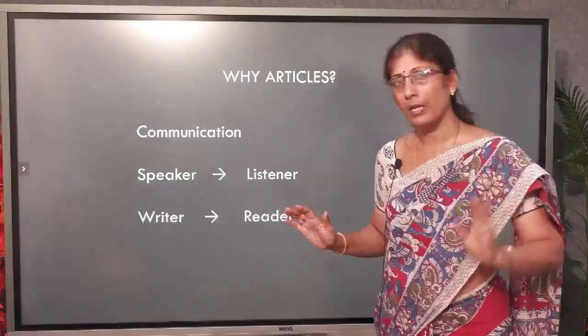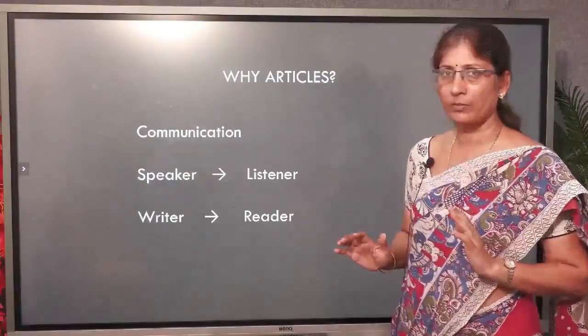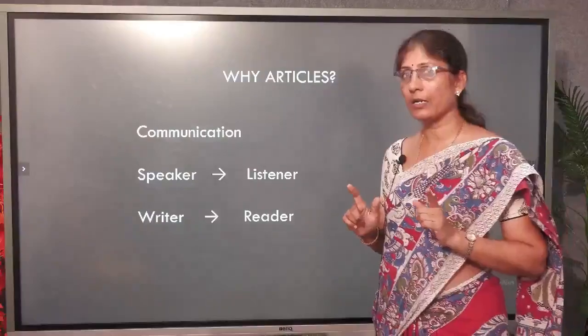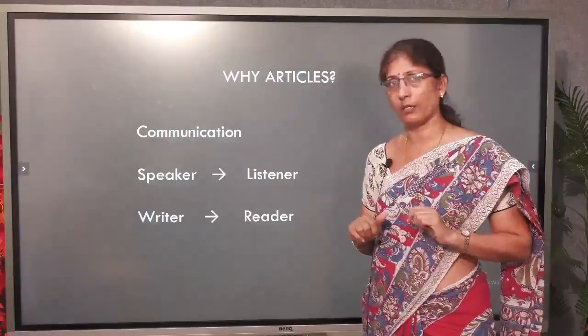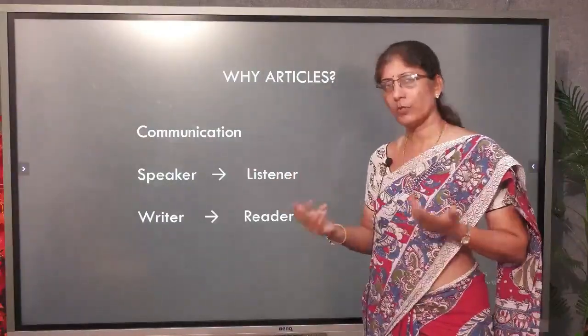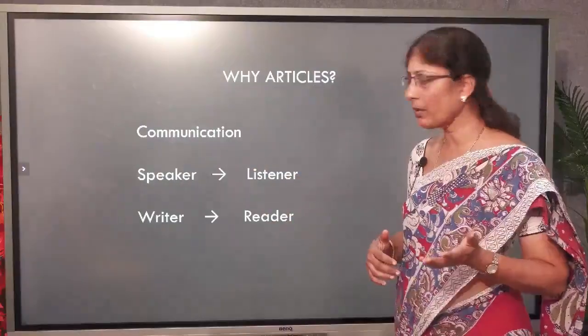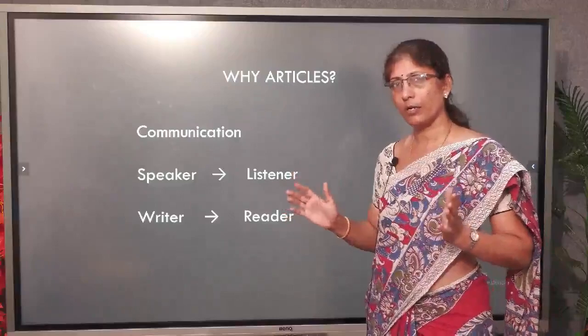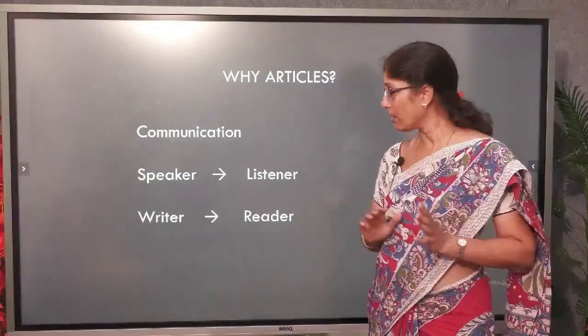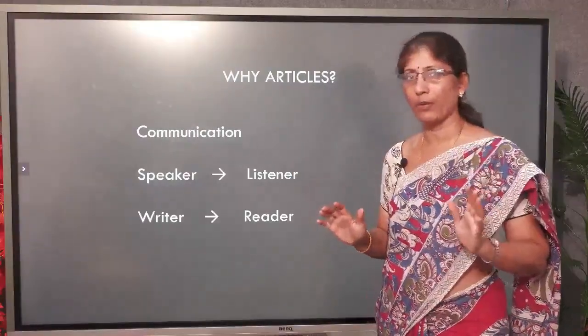There should not be any ambiguity in the communication. So to make it clear, we use articles. Likewise, when a writer writes something, the reader should get clarity of it. There is no room for ambiguity.